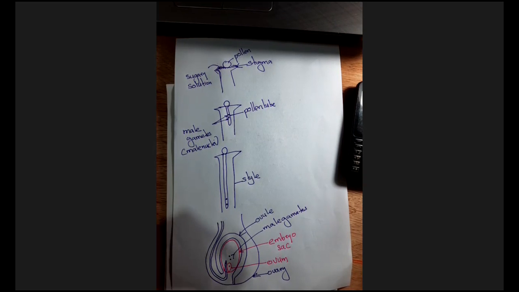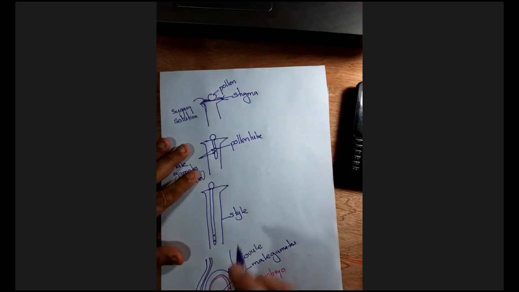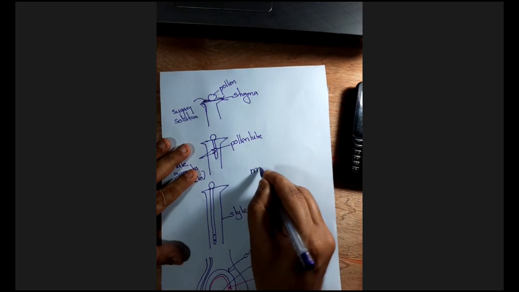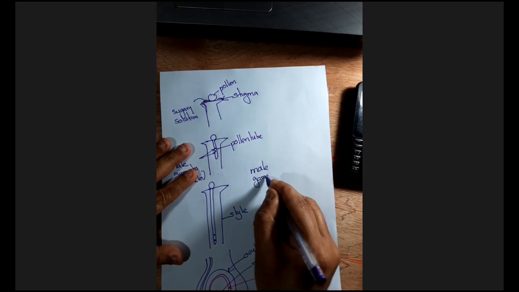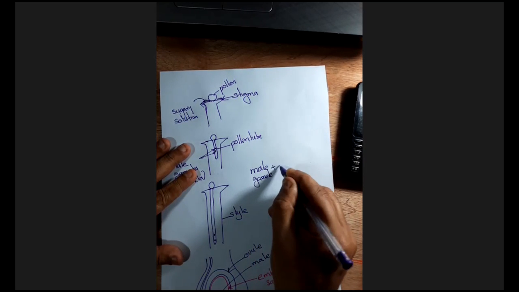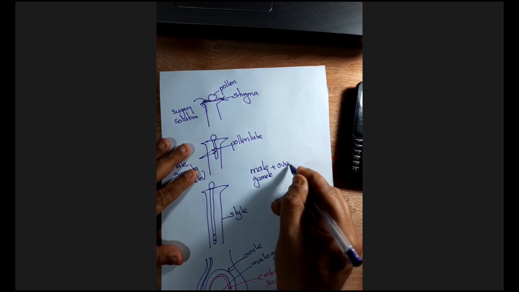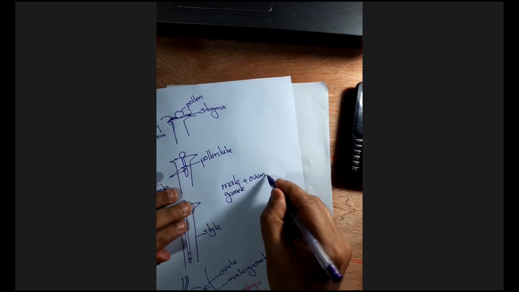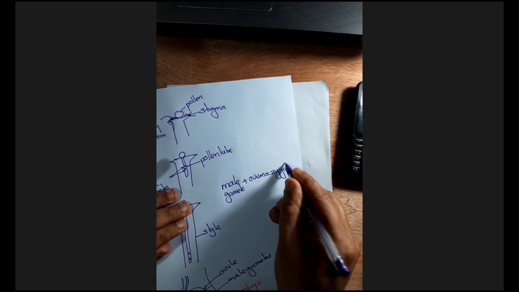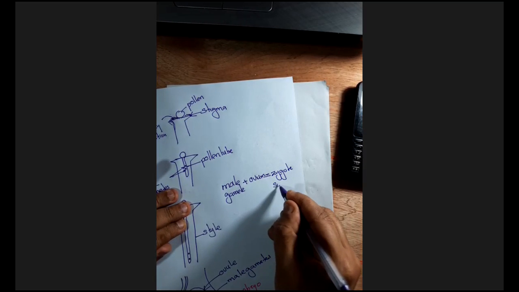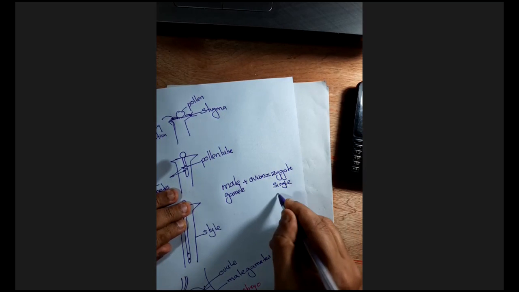Okay. So the ovum and the male gamete are fusing. When the male gamete fuses with the ovum, what is produced is called zygote. This zygote is a single cell.